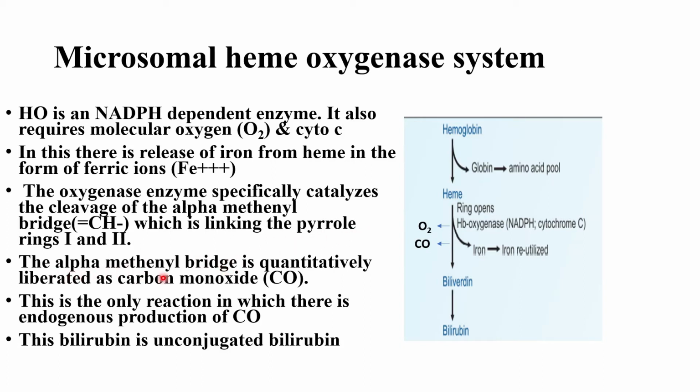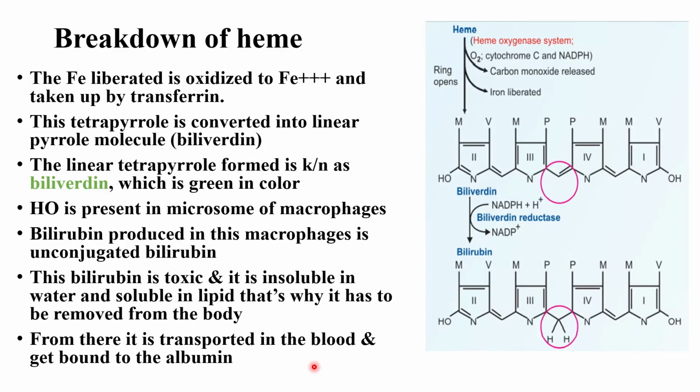The alpha methylene bridge is quantitatively liberated as carbon monoxide. So in this reaction, CO is also released. This is the only reaction in which there is endogenous production of CO, that is carbon monoxide.